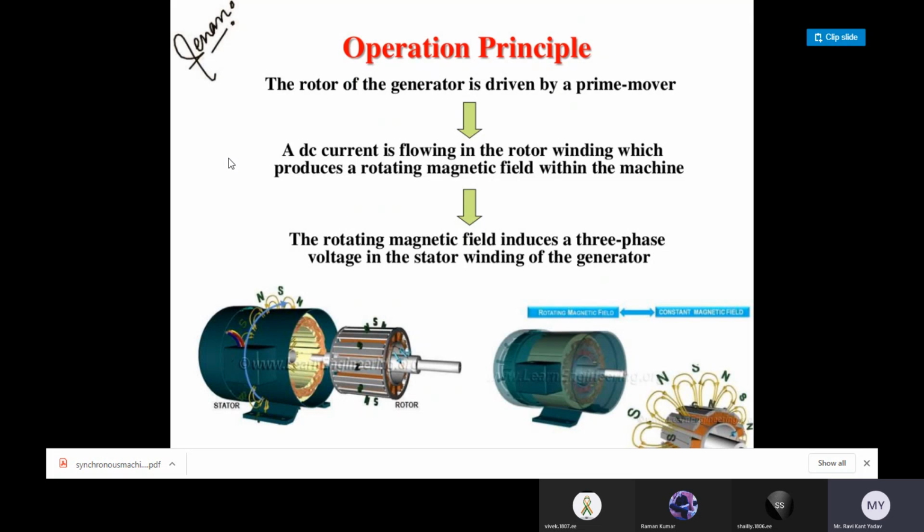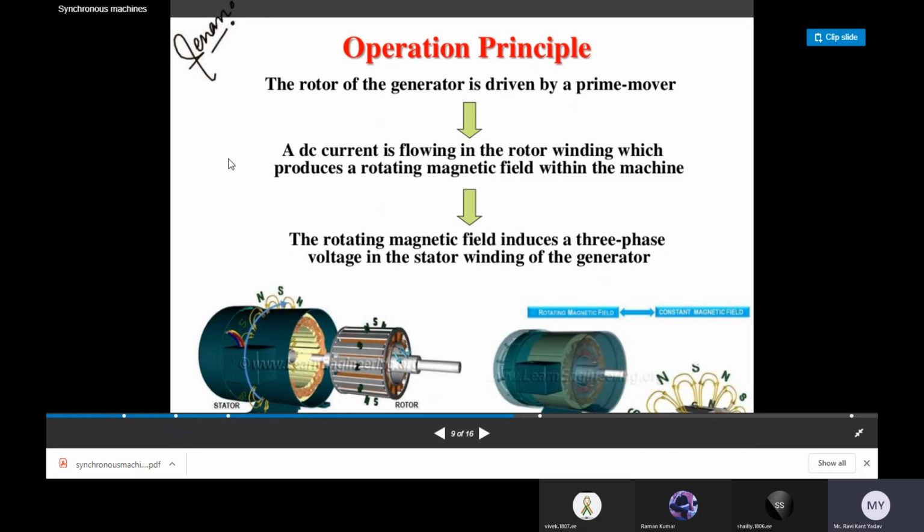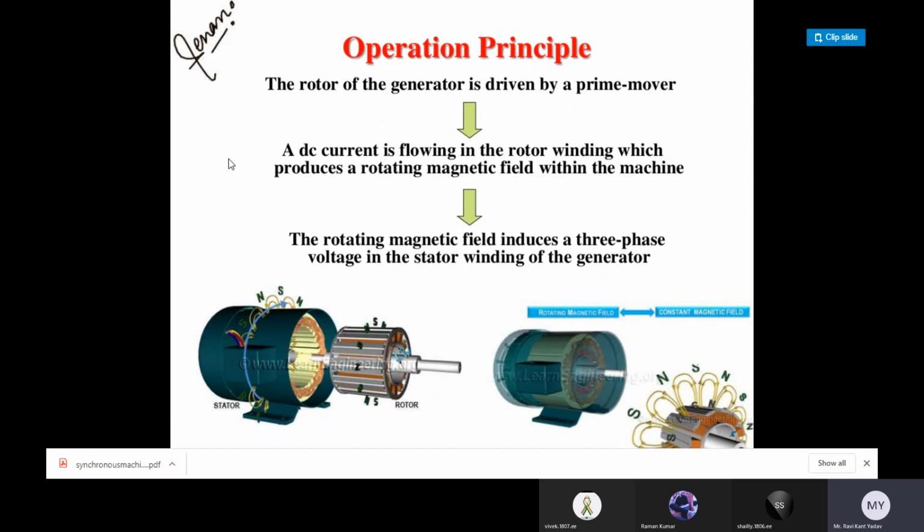Then the flux links to the coil and changes with respect to time. If the flux changes with respect to time, then the concepts of Faraday's law of electromagnetic induction and Lenz's law come into play in the armature winding, which produces EMF in the coil. The coil has a three-phase winding, R, Y, B, and EMF is generated accordingly in the three-phase winding.